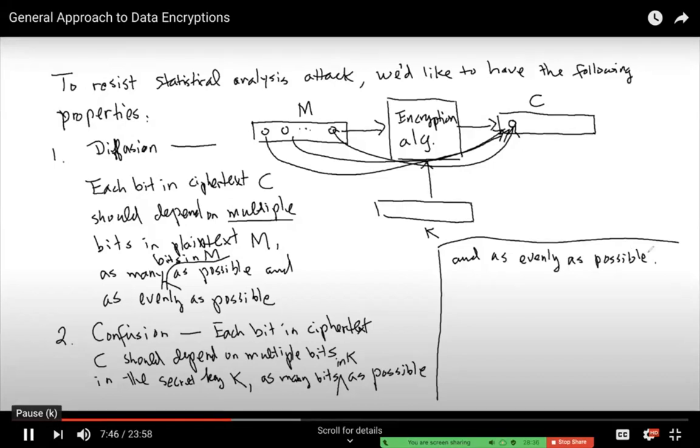So that is confusion. So we want both properties for a data encryption algorithm.